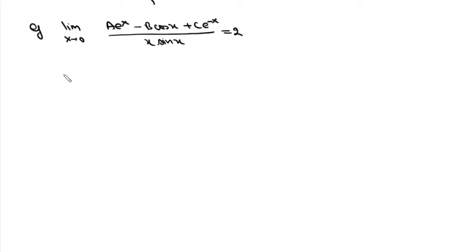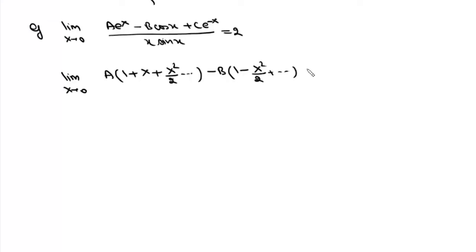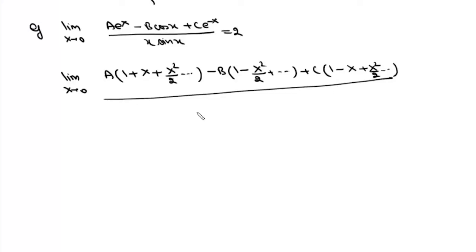So we are going to write this as limit x tends to 0, a times 1 plus x plus x square upon factorial 2, minus b times cos x, which is 1 minus x square upon factorial 2, and plus c times e to the power minus x, which is 1 minus x plus x square upon 2, whole divided by x times x minus x cube upon factorial 3, and it is equal to 2.